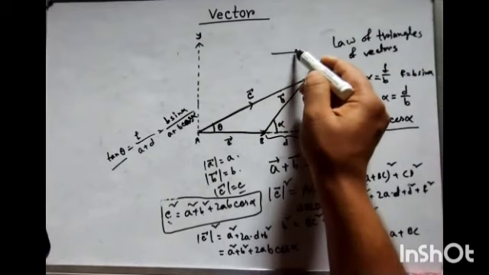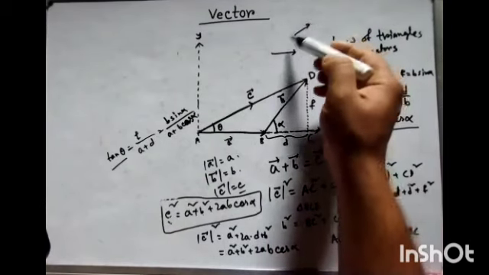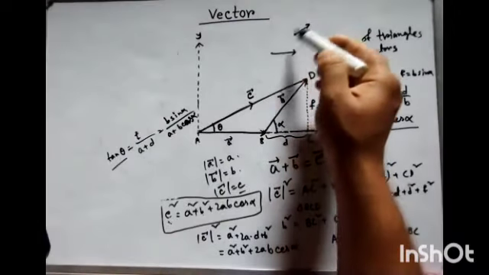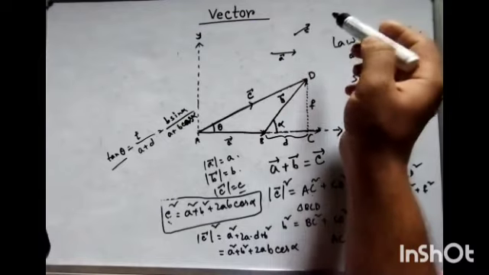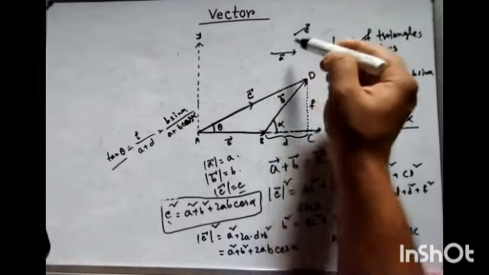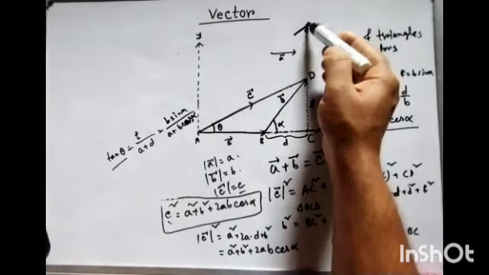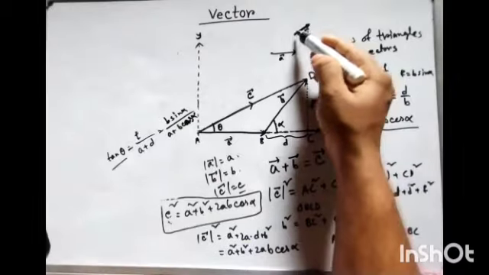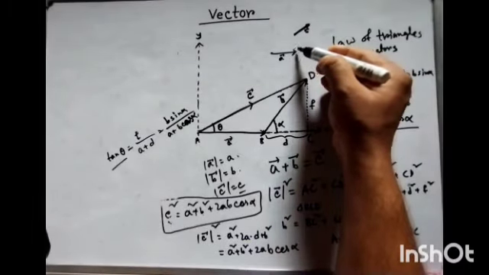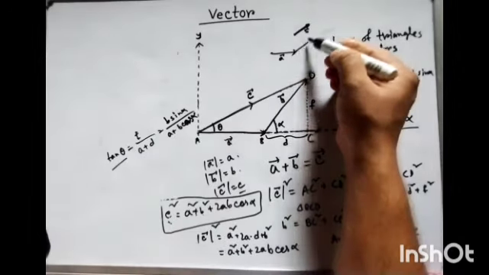So if you give me any two vectors, suppose you give me this vector a and this vector b, and I have to add them. What I will do is bring the initial point of this vector to the final point of the first, and the direction will be the same, and the magnitude also.